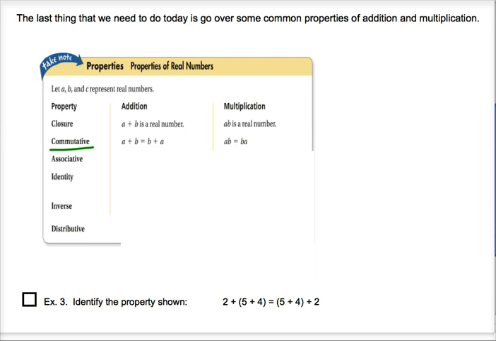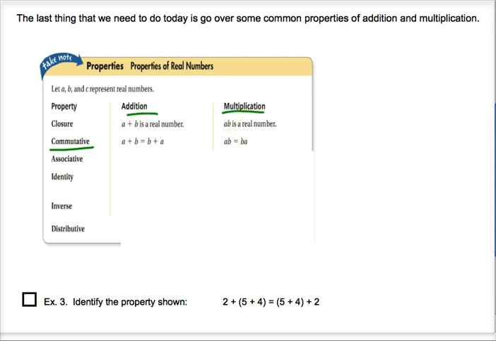They drive down to work, and then they drive home from work, and it's the same distance. And it can be equally painful for your parents. So that's all this is saying. A plus B is the same as B plus A. Going from home to work is the same as going from work to home, either way. And that works for both addition and multiplication.